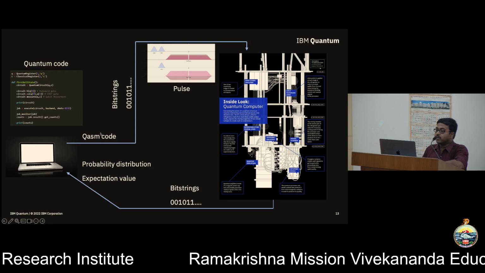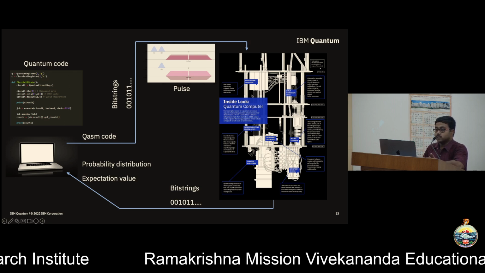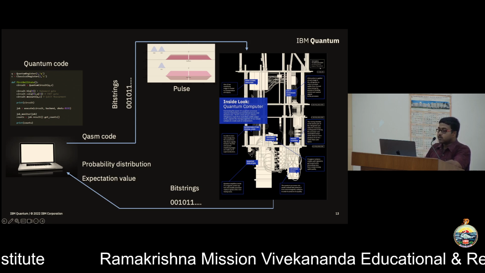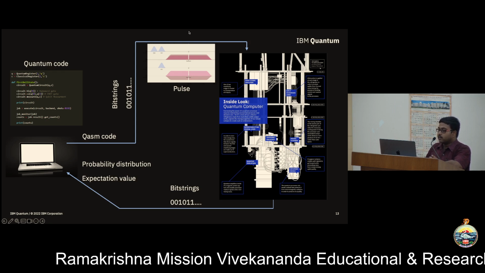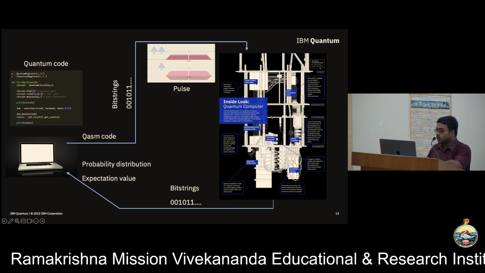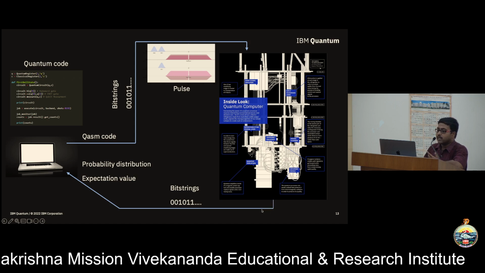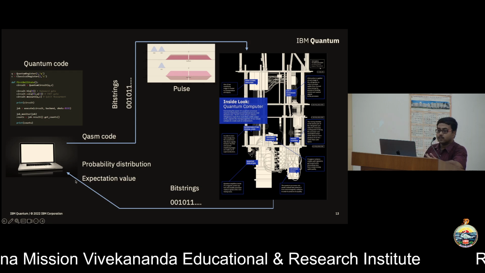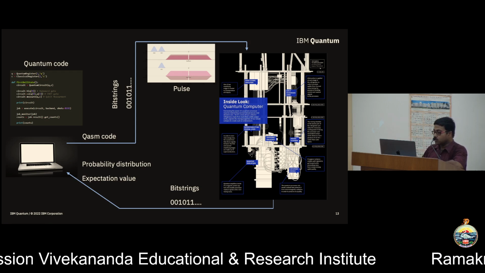Then we get it down into bit strings of zeros and ones. But a quantum computer doesn't understand zeros and ones. It understands pulses. So these zeros and ones are converted into pulses, and they go here, to this system which is cooled down and down. The computation happens here, and we get some result. This result is then returned to us in a way that we understand. So that's how the entire process of a quantum computer works.